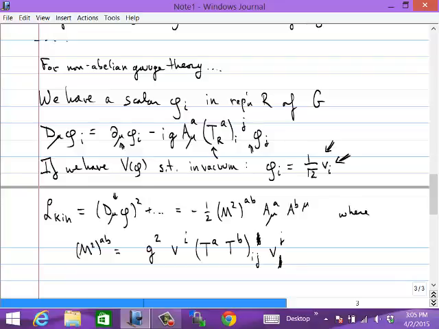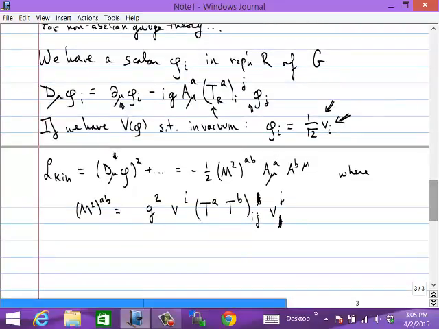If we're in a complex representation, so this is the expression, this M^2_AB is known as a mass matrix. It's not necessarily diagonal, but one could always do a change of basis to make it diagonal.